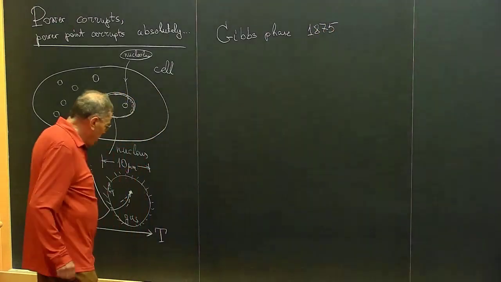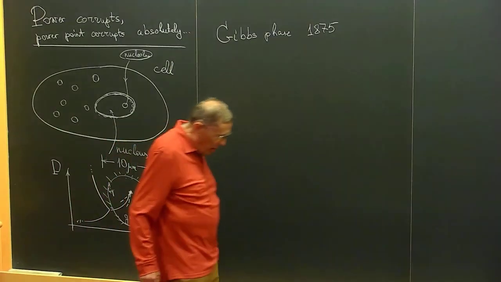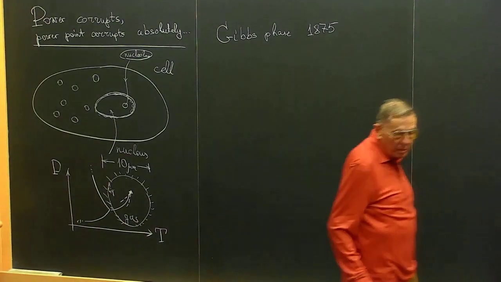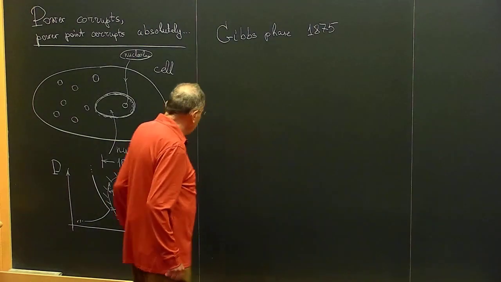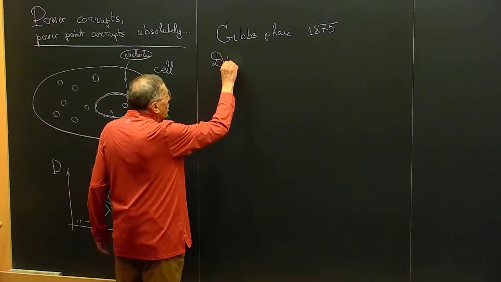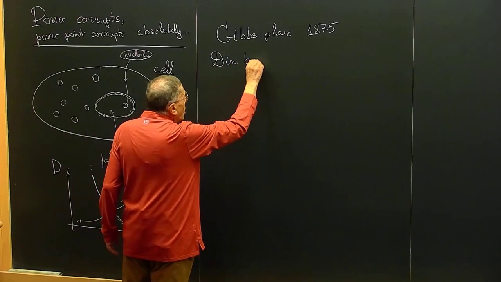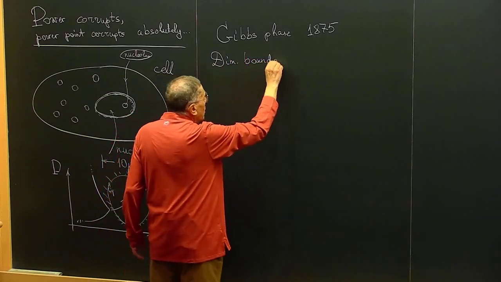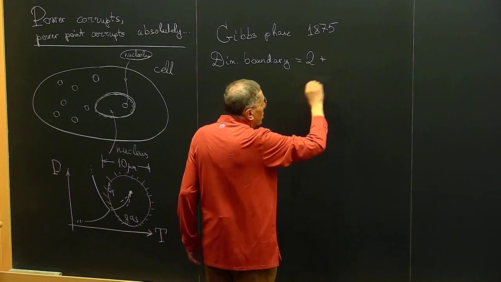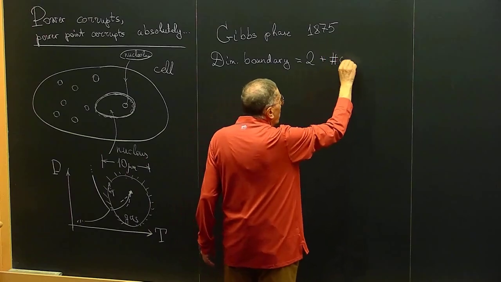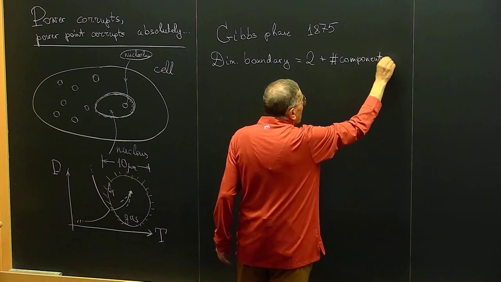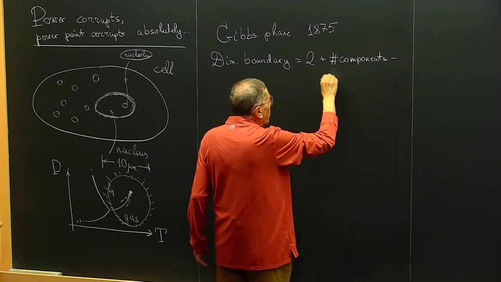So what Gibbs said, in modern language, is that the dimension of the boundary between different phases in the phase diagram is 2 plus the number of components in your system, minus the number of coexisting phases.